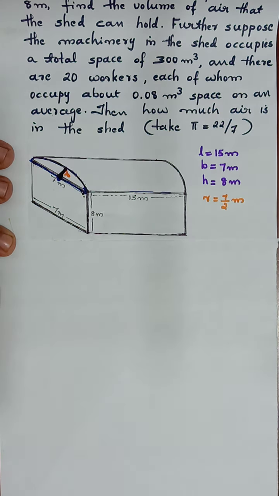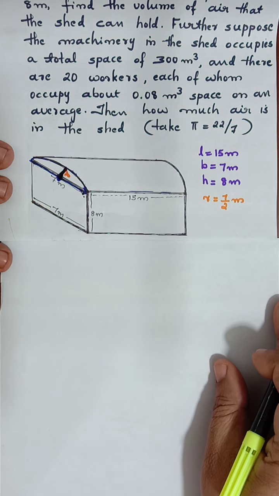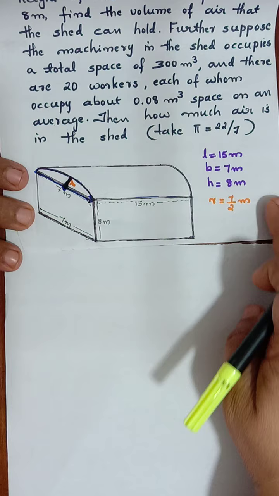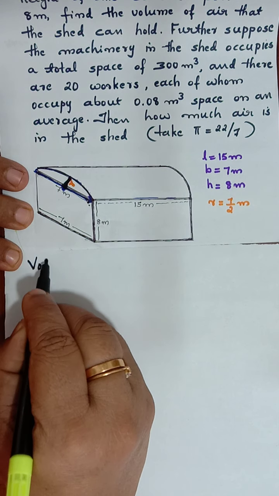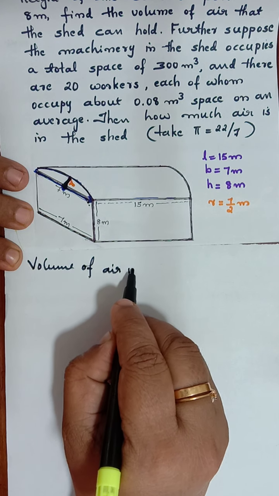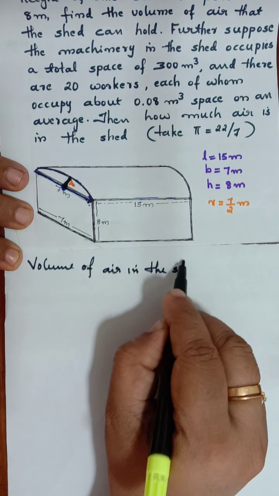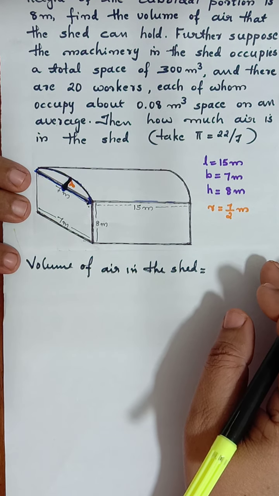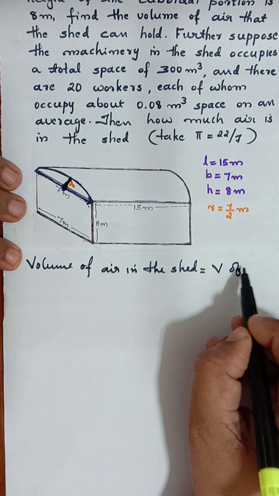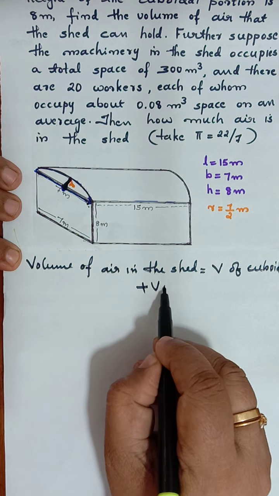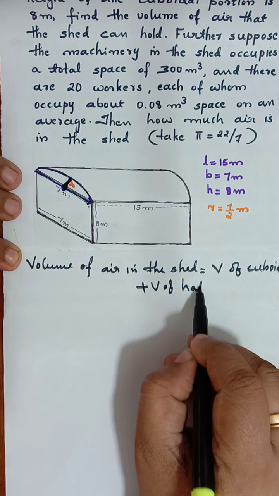R is equal to 7 by 2. Now let us write the formula. Volume of air in the shed equal to volume of the cuboid plus volume of half cylinder.